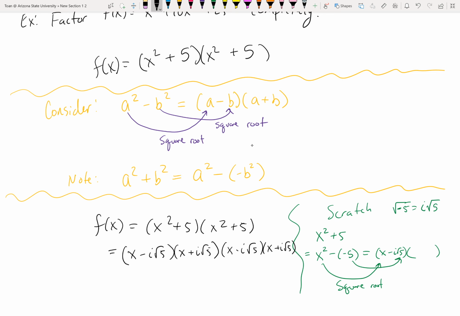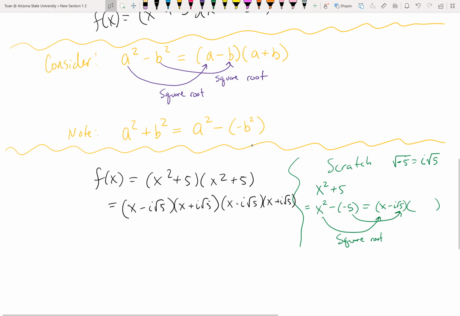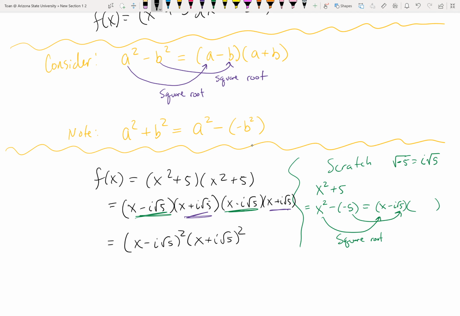You can leave it all spread out like this, but most people notice, hey, if I've got the same terms multiplying here, let's just use exponents, because we know multiplying something by itself is just squared. So we have x minus i radical 5 squared times x plus i radical 5 squared.